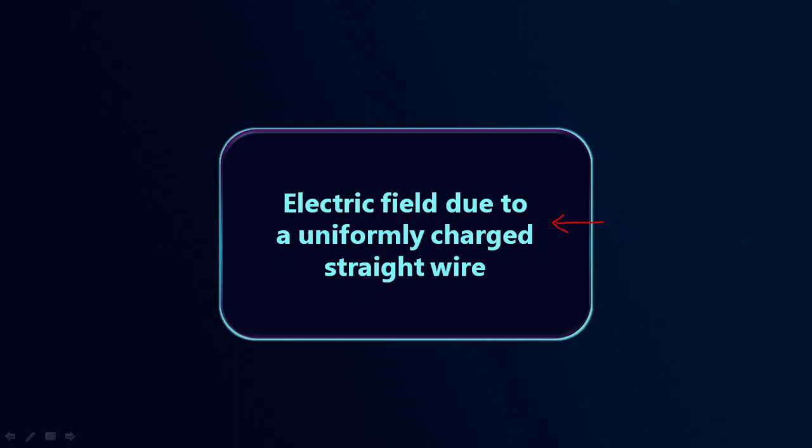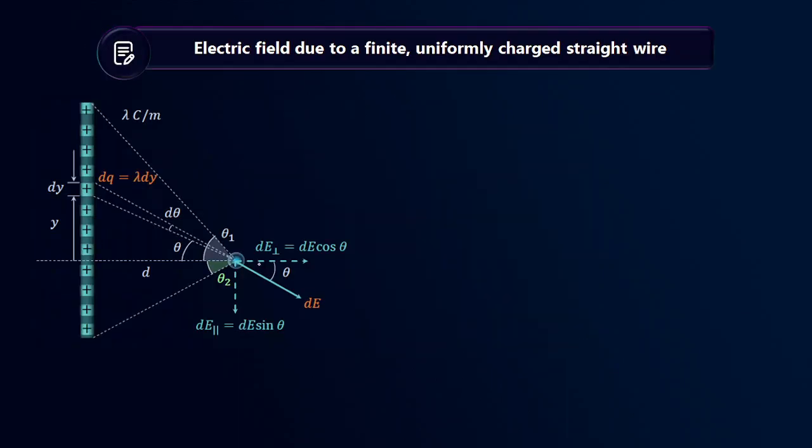And next is electric field due to uniformly charged straight wire. Suppose we have one straight wire having charge density, let us say, lambda coulomb per meter, and we want to find the electric field at a point, let us say P, which is at a distance d from the wire.